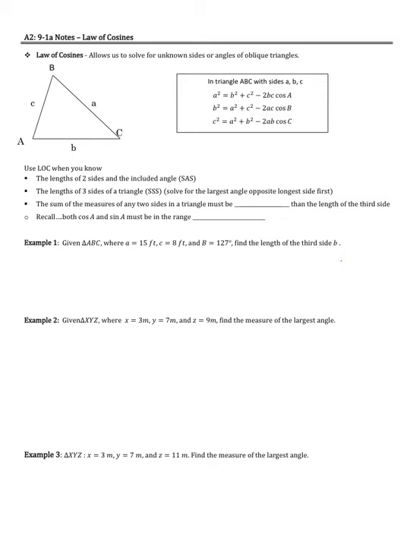Law of cosines and law of sines are used to find the angle or side length in what we call an oblique triangle. All that means is it's not a right triangle. If you're doing law of cosines, basically, this can get much deeper. For our purposes, what you're looking for is given information that is either side angle side.